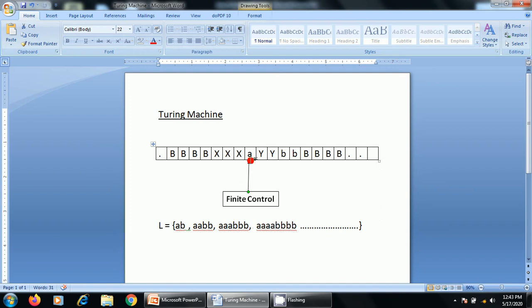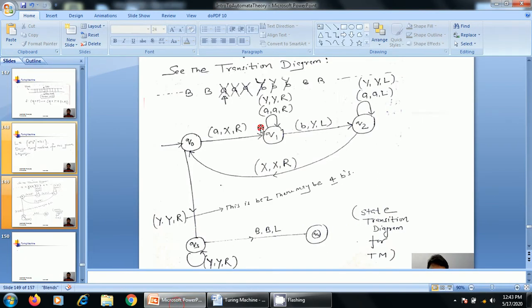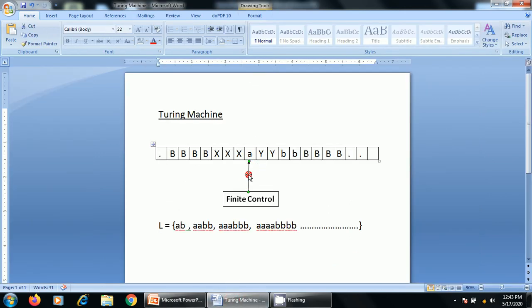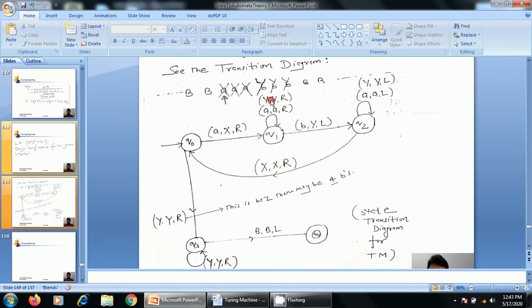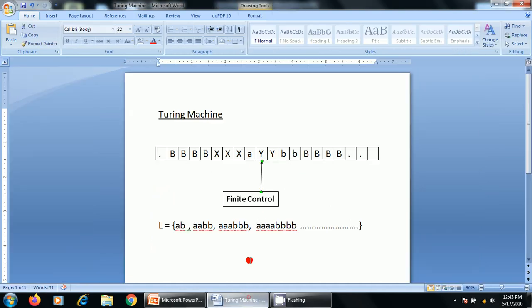If there is a, keep it a and move right. If there is a y, then again keep it y and move right, because we are searching for the corresponding third b. That is why I am writing, if there is a y on the tape, do not change it.